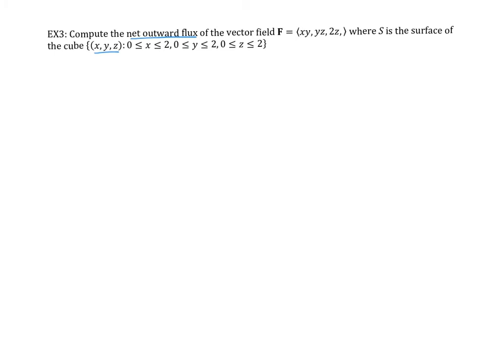All right, the first thing I'm going to do is compute the divergence, which would be the partial derivative, and here we have our f, our g, and our h. Partial derivative of f with respect to x is y, g with respect to y is z, plus h with respect to z is 2.